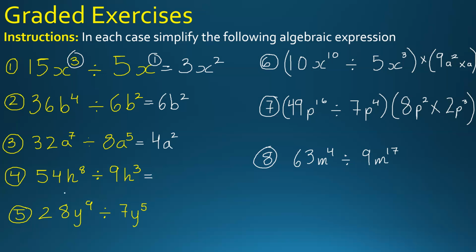Lost. Okay. So the first thing you have to do is group the 54 and the 9, right? What is 54 divided by 9? Rashad?